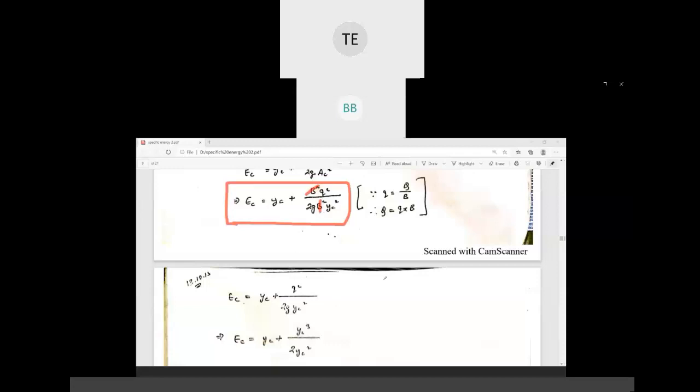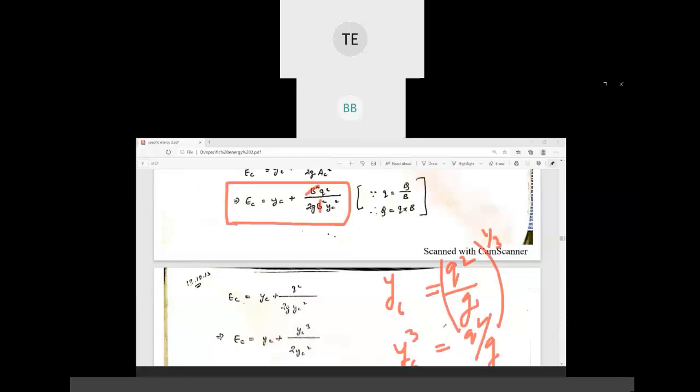For YC, we have derived an expression: q square by g to the power 1 by 3. That we have already derived. For critical depth of a rectangular channel, you can also write it like this: YC cube is equal to q square by g.